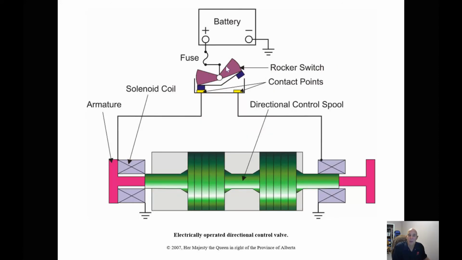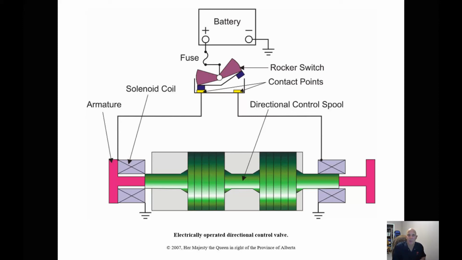When we're dealing with electrical switches, if we have a rocker switch, what we're doing is sending an electrical current down to a coil of wire. What that does is make an electromagnet. This electromagnet is going to attract the armature and move the spool valve. Now these are either on or off on this style.